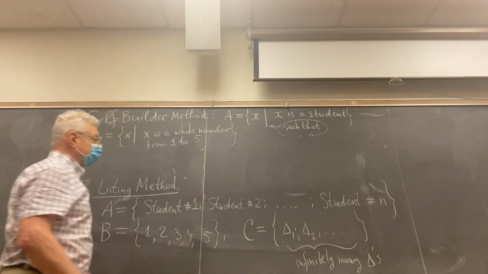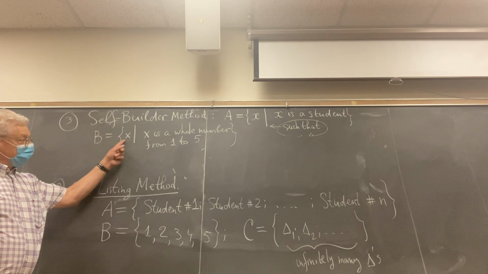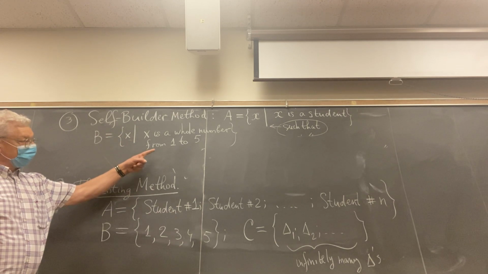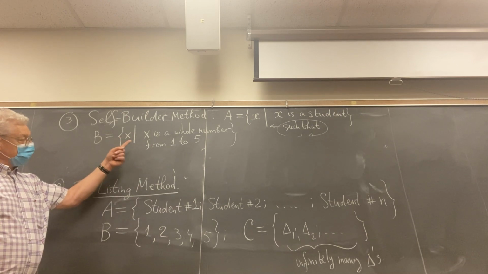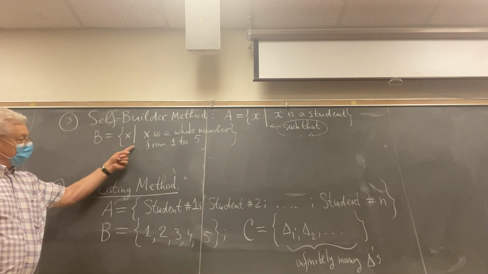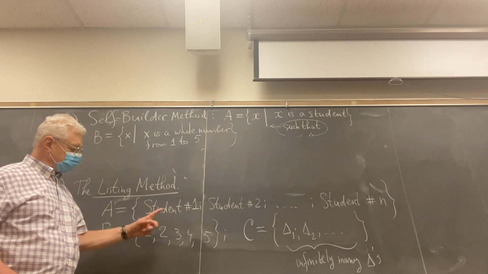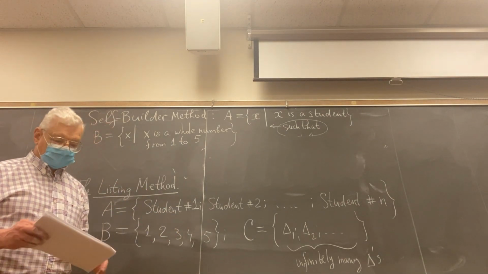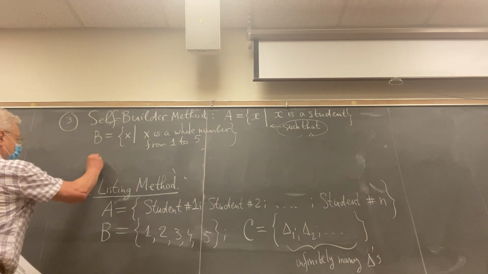Okay, so this is self-description. I take X, and I see that X is a whole number from 1 to 5. So for example, if I take X equals 1, it will be 1, the first element. If I take 2, it will be 2, 3, 4, 5. Okay, so that is the second one, and now C.